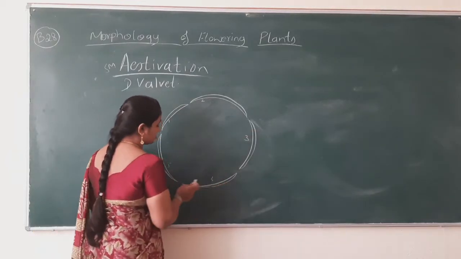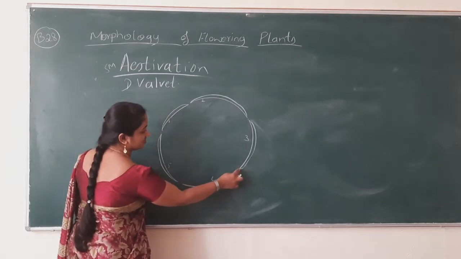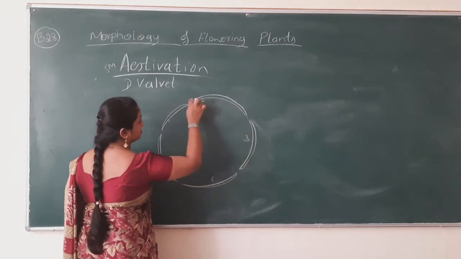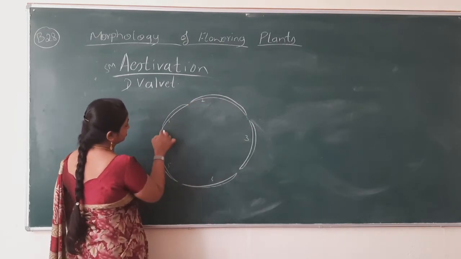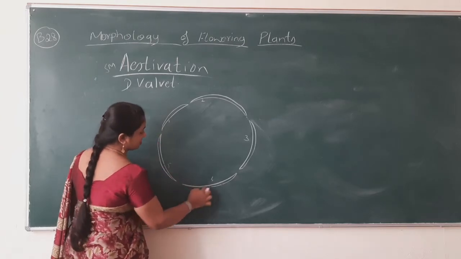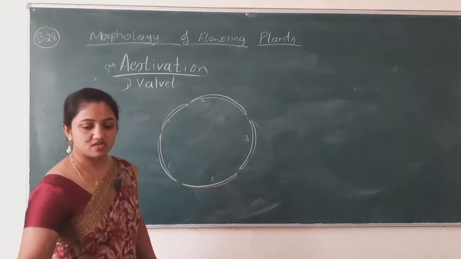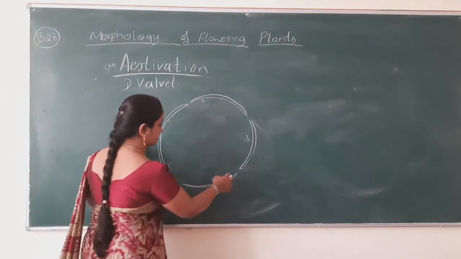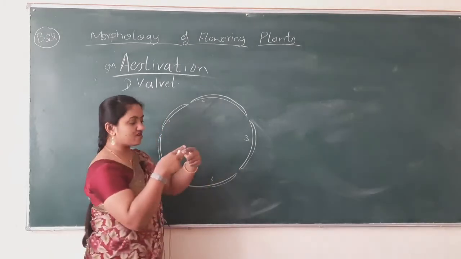Alright, so look at the margins of the petals, my dear students. This petal's margin is here, and this petal's margin is here. Can you see the margins? Are all these margins overlapped?